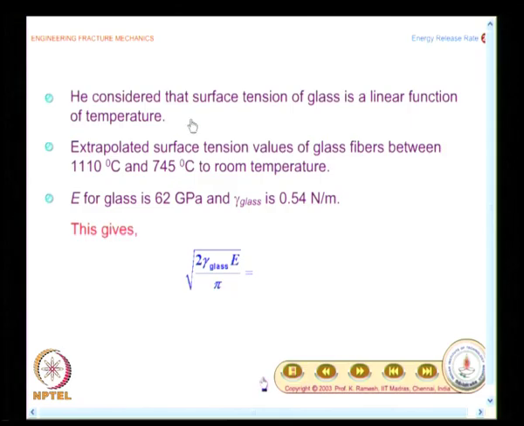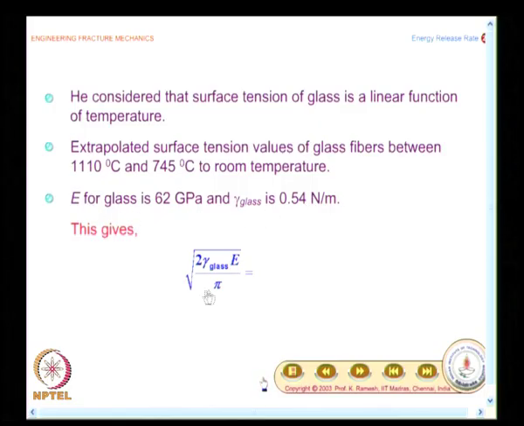And what he did, he extrapolated surface tension values of glass fibers between 1110 degree centigrade and 745 degree centigrade to room temperature. From that exercise, he could estimate the surface energy of glass as 0.54 Newton per meter, and E for glass is about 62 GPa.